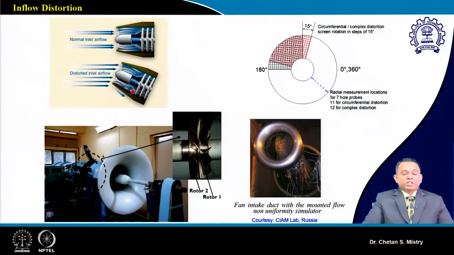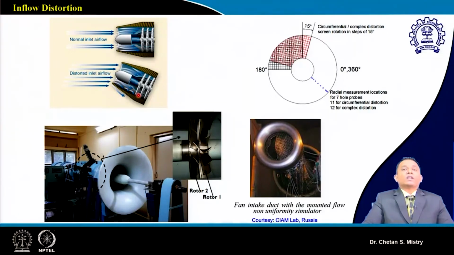Now when this is striking my rotor blades for the compressor or for the fan, they will be subjected to off-design conditions, meaning it is striking the blade with a different incidence angle, and that will give flow separation or stalling of the rotor or maybe stator, and that will lead to the surge of the whole stage.